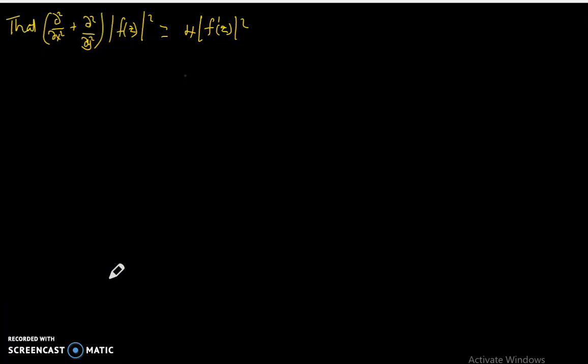Okay, so now what we are trying to say is that if f of z is analytic, it means that it is regular. It can be called analytic or regular.